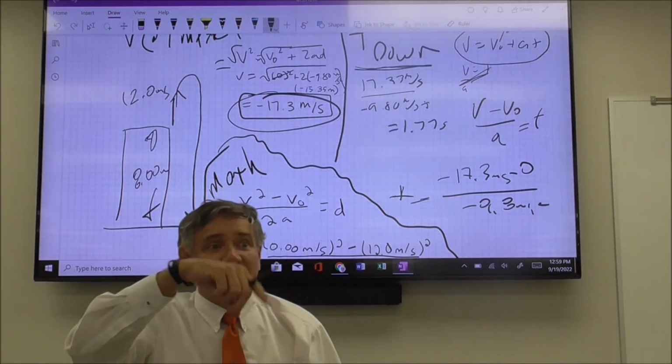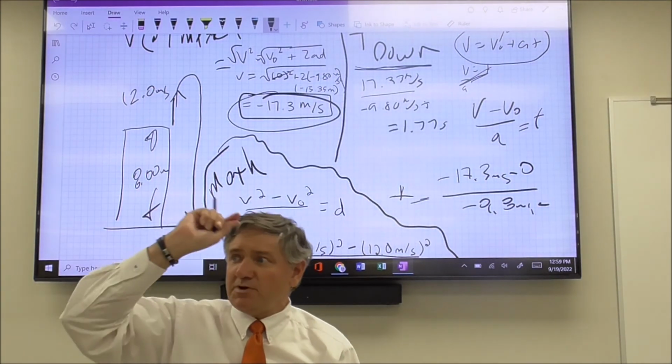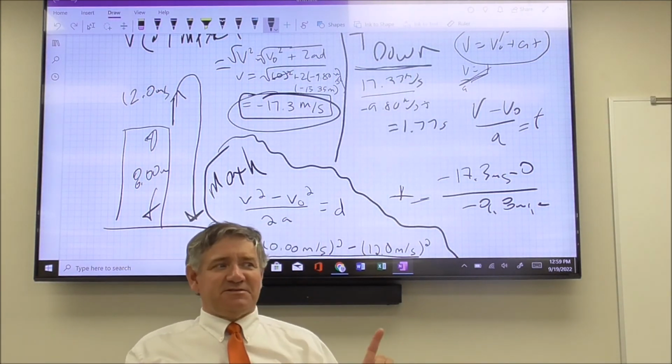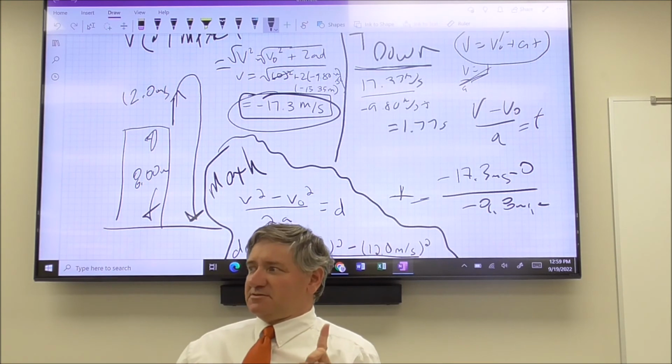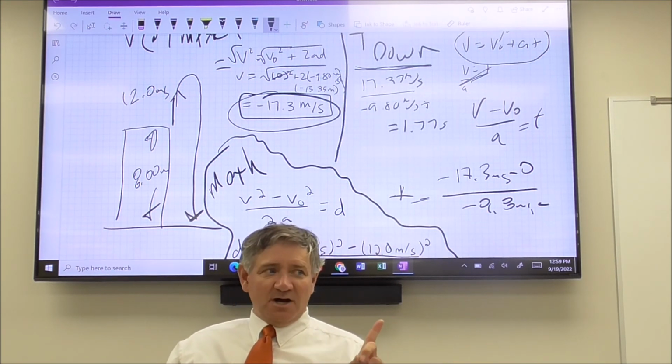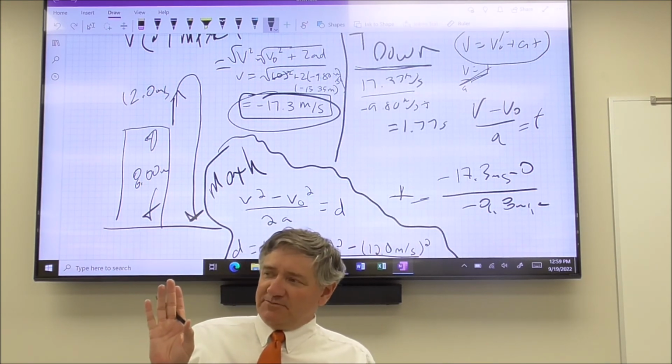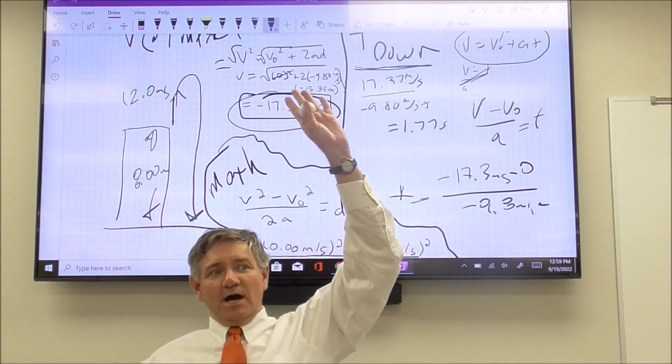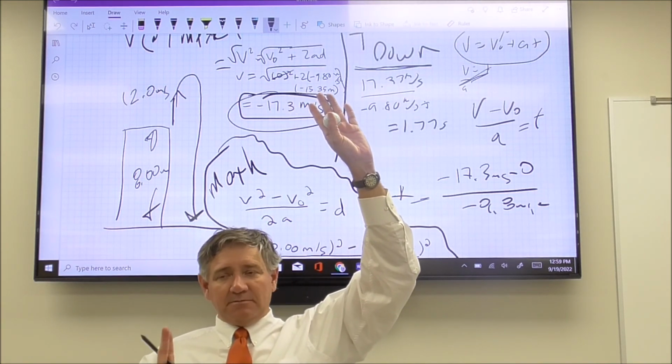Because if Jack had done this on the test, here would have been my thoughts. It was like, okay, let me get this straight. I have failed Jack as a physics teacher. Okay? Because first off, Jack put down a positive velocity, which means that the ball was going up when it lands. Small problem there.